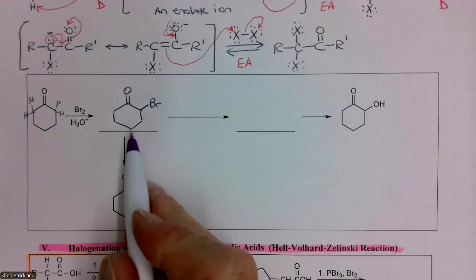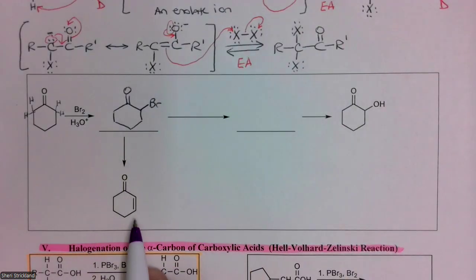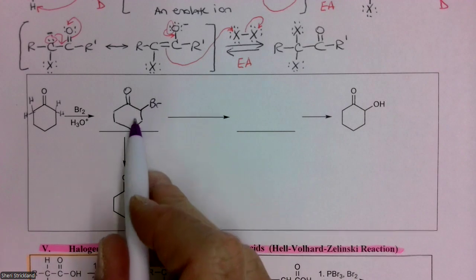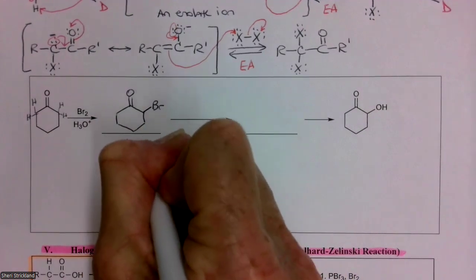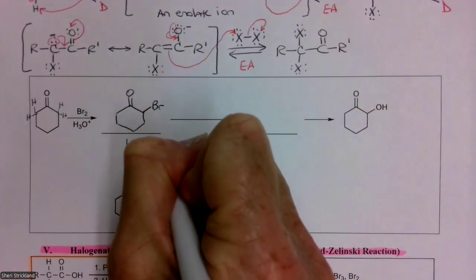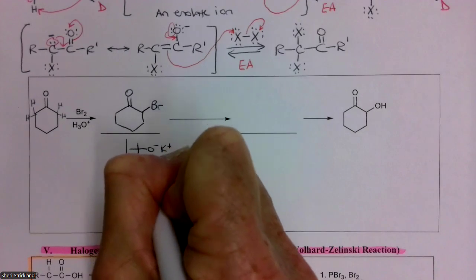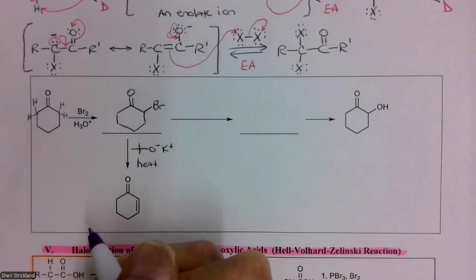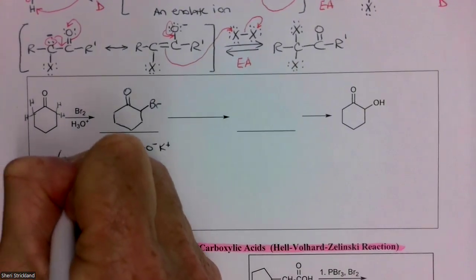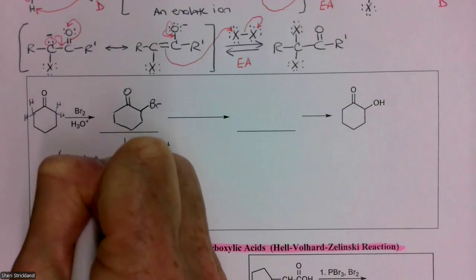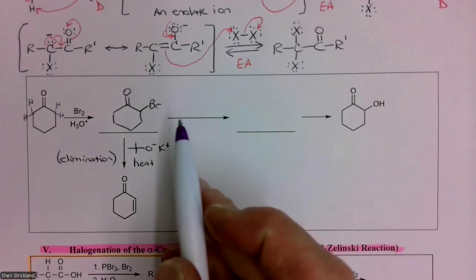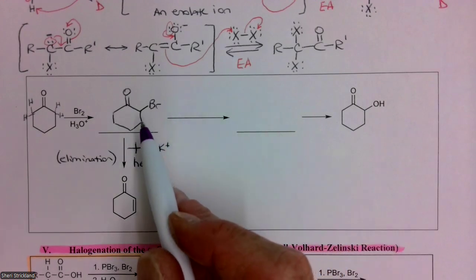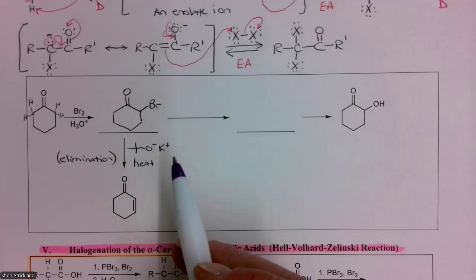And so if you want to do this kind of a thing, where now this is like an alkyl halide, and we're going to do an elimination reaction, then I would want a big bulky base and heat. So, elimination reaction.